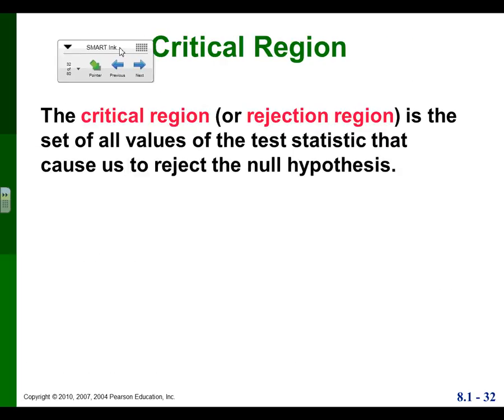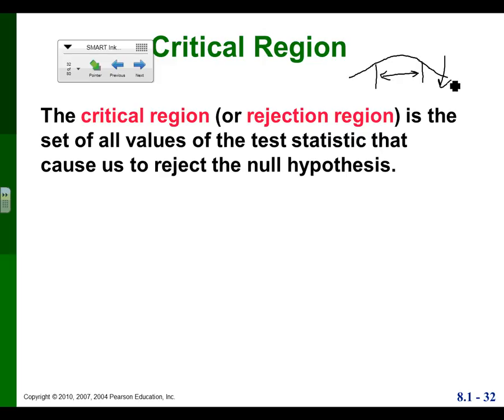The critical region, or rejection region, is the set of values of the test statistic that cause us to reject the null. Basically, remember I did that picture from the last test. If you say, to make the null true, everything has to happen in between here, and your test statistic comes out here, guess what?